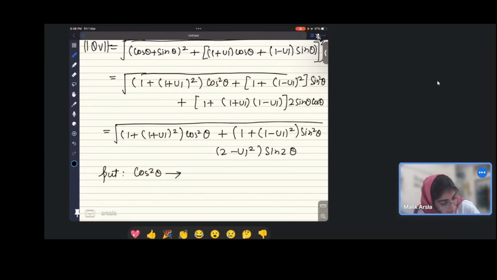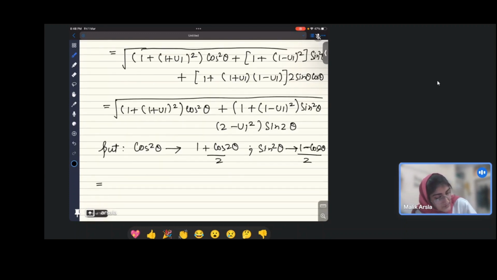Put cos square theta equal to 1 plus cos 2 theta divided by 2, and sine square theta as 1 minus cos 2 theta divided by 2. Now tell me what this expression is coming out quickly. Simplify it and tell me what you are getting.